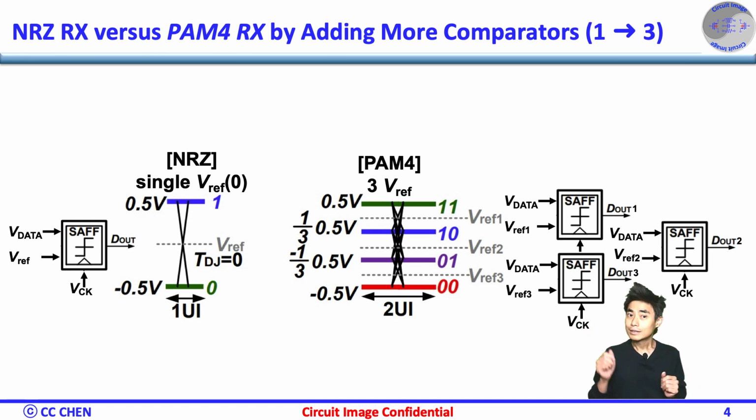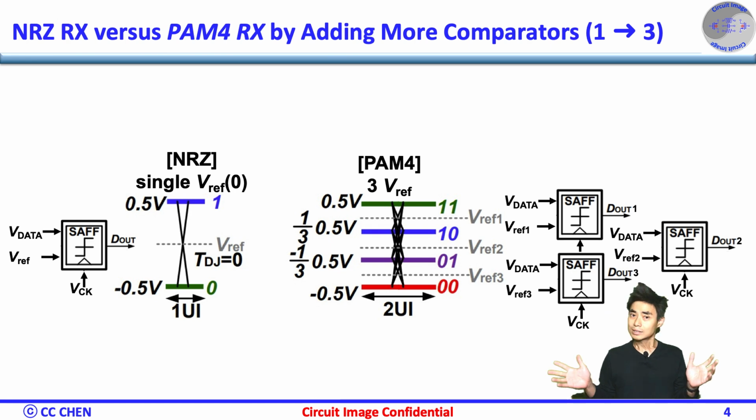Therefore, from NRZ RX to PAM4 RX, we just keep the same analog signal processing at the RX front end by changing the number of comparators from 1 to 3, which is also equivalent to a 2-bit ADC in the PAM4 RX data conversion.